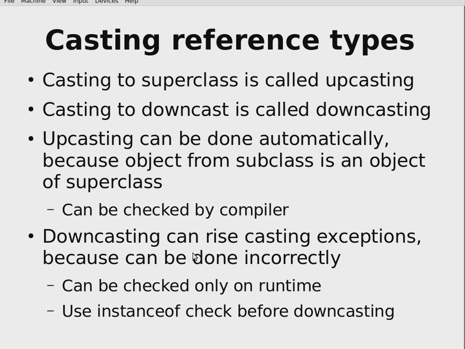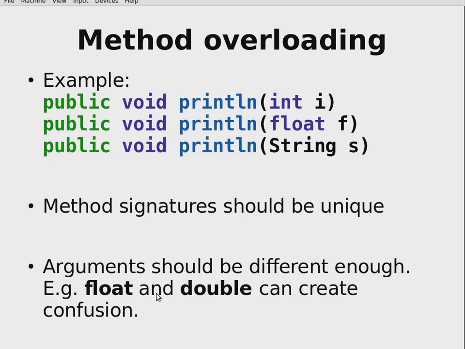Therefore for downcasting you always need to check with instanceof, for example, and then you do something if instanceof is true.